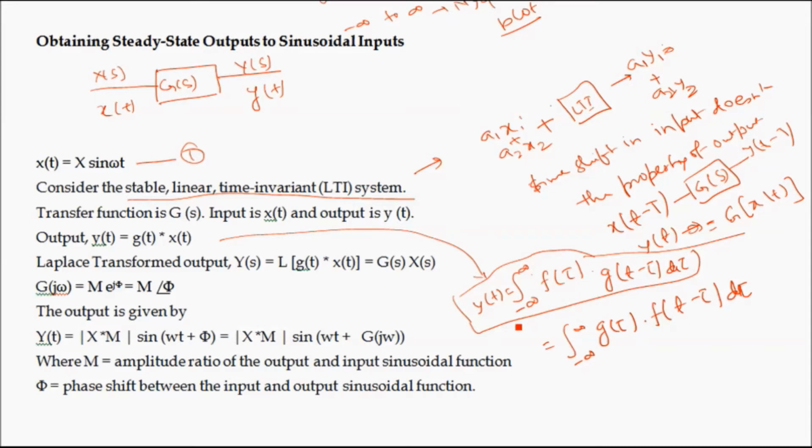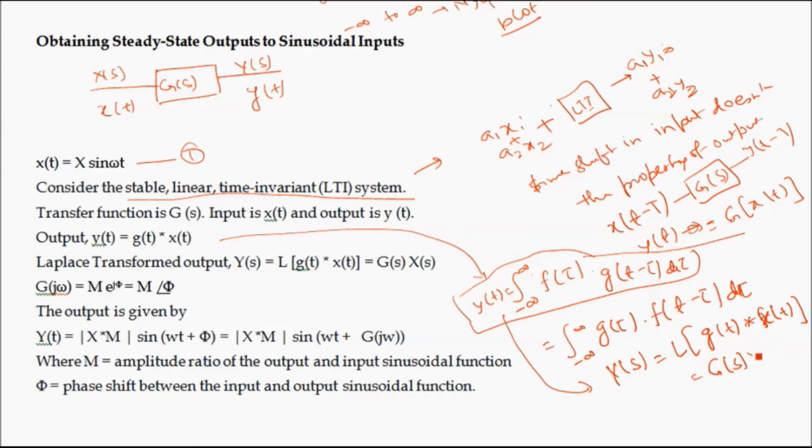However, when we take it into the frequency domain or the Laplace domain, convolution changes to multiplication. That is, the Laplace transformation of g(t) convolution f(t) or x(t) changes to G(s) into X(s).